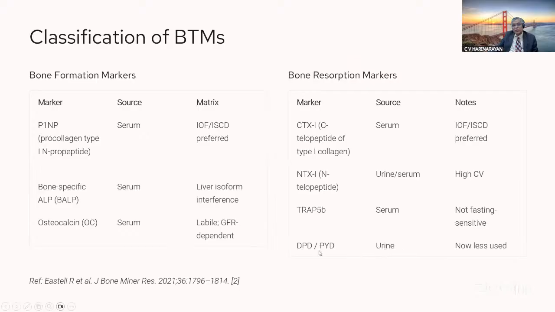Those in the urine are not much used because of the high coefficient of variation. What is very sensitive is CTX, which is a marker of bone resorption. So the bone formation markers are P1NP, bone specific alkaline phosphatase, and osteocalcin.